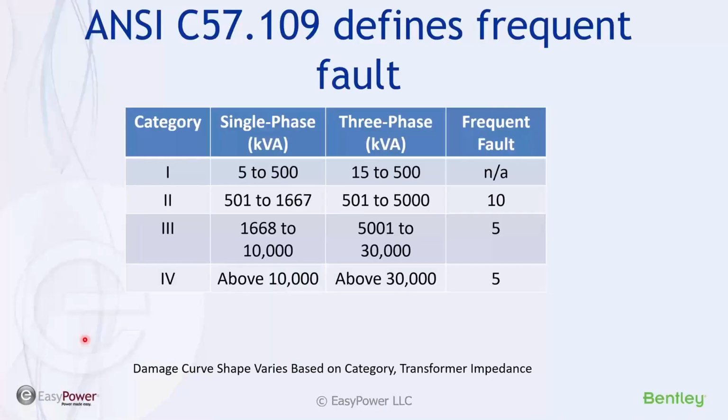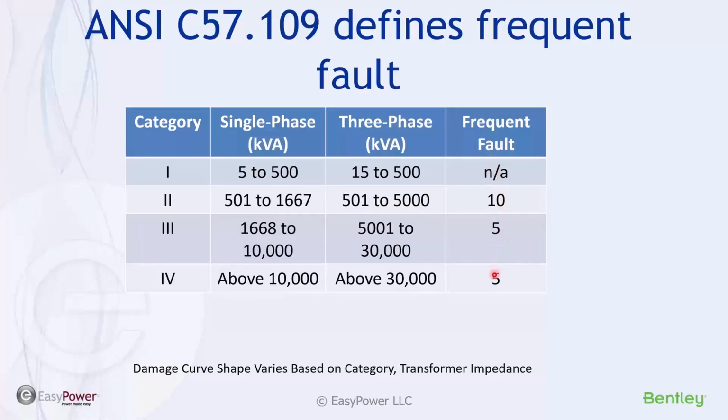Now, as we describe, C57.109 defines what's called a frequent fault curve. And so it gives us 4 different categories of both single and 3-phase transformers, and then an adjustment that's referred to as frequent fault.